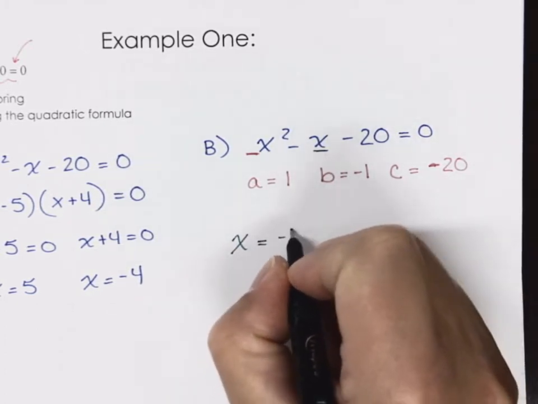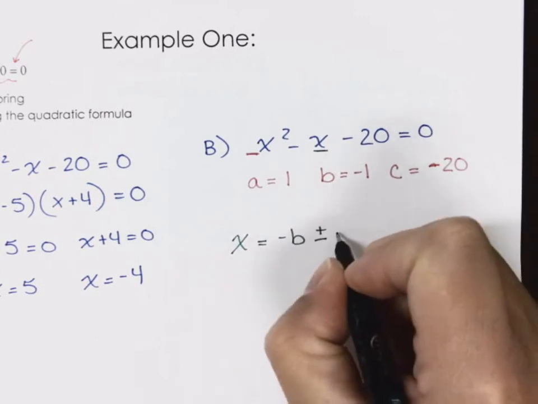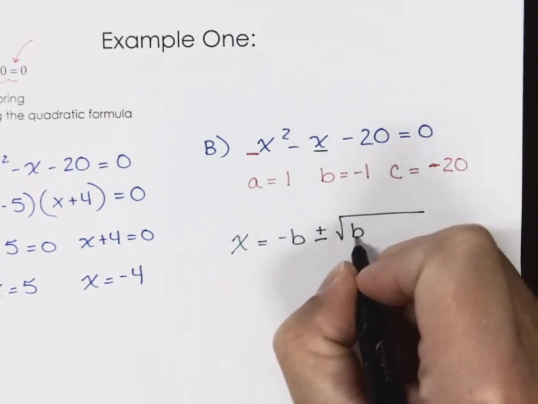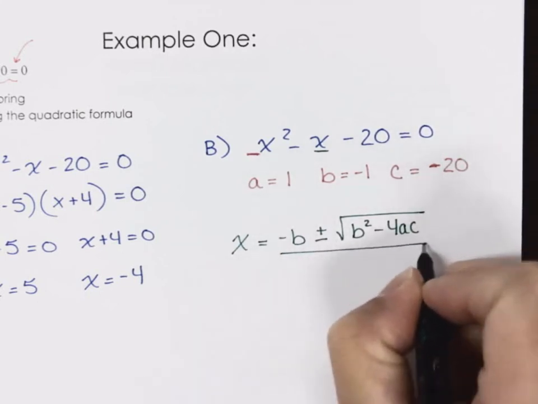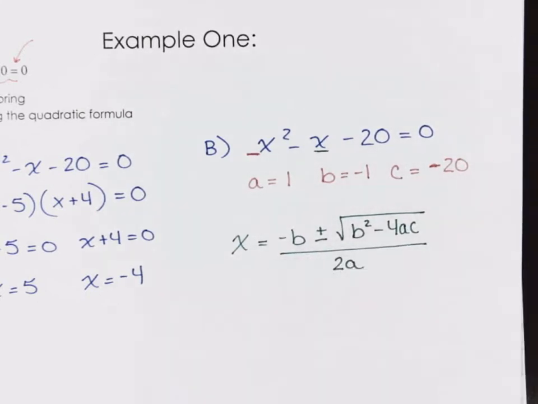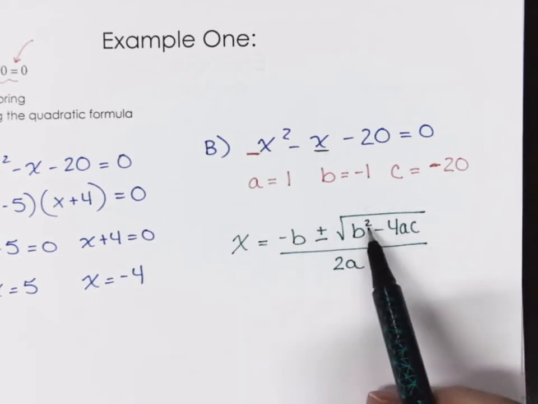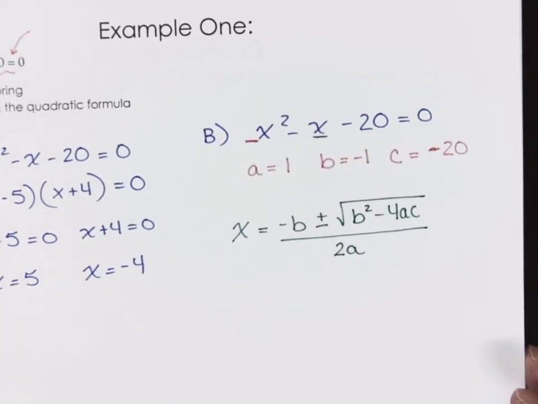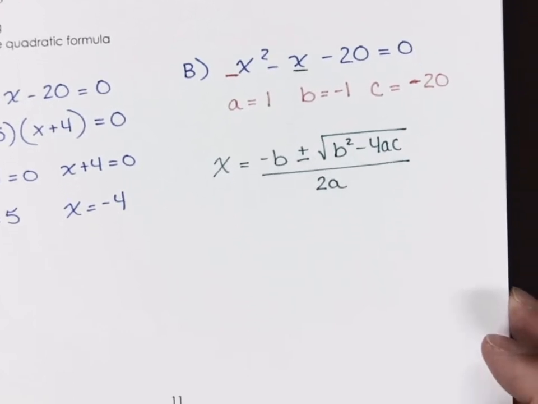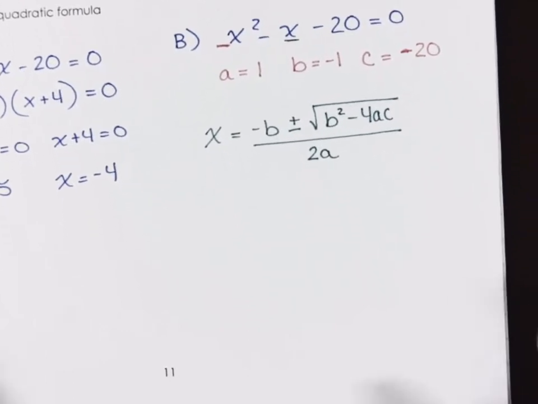So x equals negative b plus or minus the square root of b squared minus 4ac all over 2a. Again, as I'm learning a new formula, I'm always going to write it out. I find sometimes people forget the squared a lot in this formula, so please don't lose that. And it is on your formula sheet, and you can get a tattoo of it if you want.